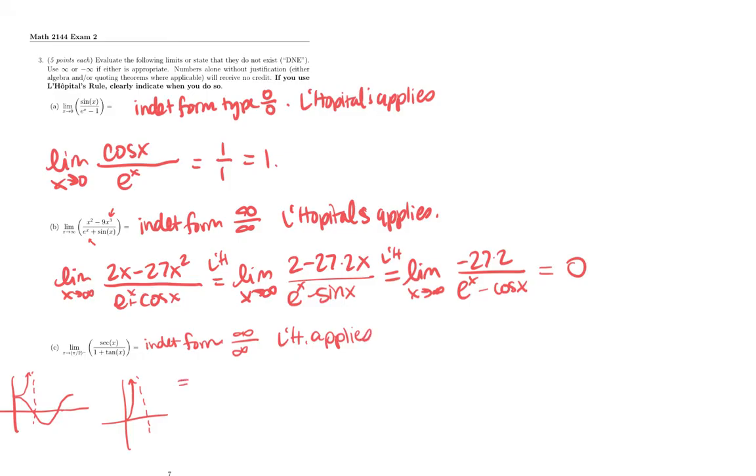So this is equal to the limit as x goes to pi over 2 from the left of the derivative of secant, which is secant x tangent x, and the derivative of tangent is secant squared x. So this reduces to the limit as x goes to pi over 2 of tangent x over secant x.